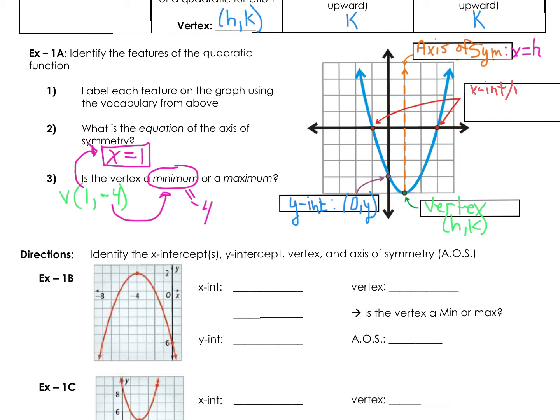They can also be called our roots, our zeros, and our solutions. And because there are generally 2 of them, you would have (x, 0) and another (x, 0). Now the only time you're ever going to have one x-intercept is if the vertex is physically sitting on the x-axis and that parabola opens up or down.